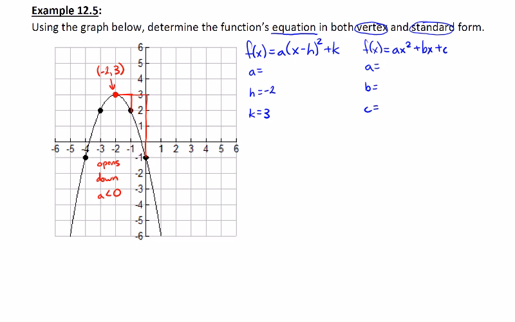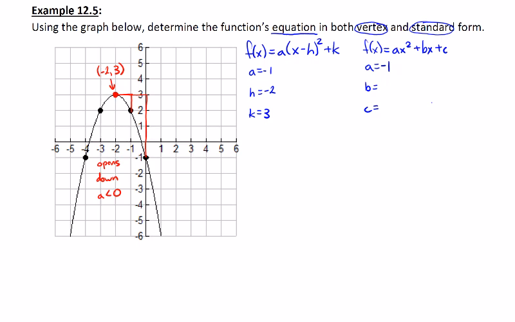It's going to have to be negative. But since there's no stretch or shrink, that means that my a is supposed to be 1. So if it's going to open down, but it has to be a 1, that means I need to use -1. So that same -1 can also be used over here in the standard form, but I don't have the information about b and c yet for that.